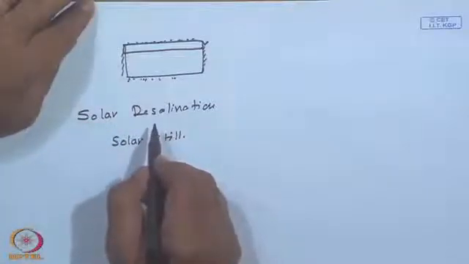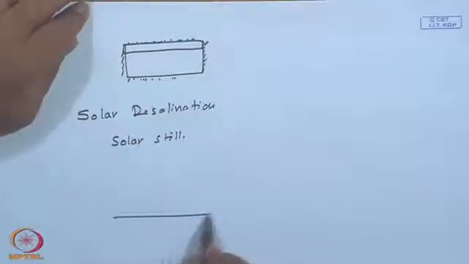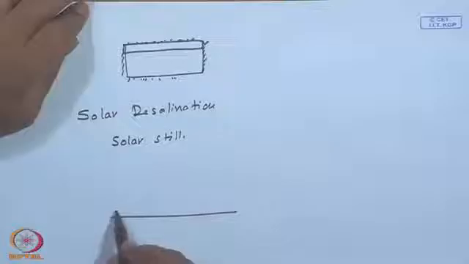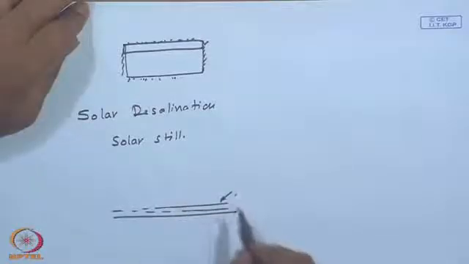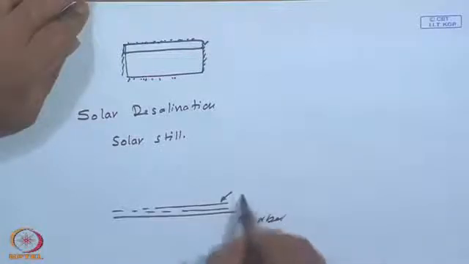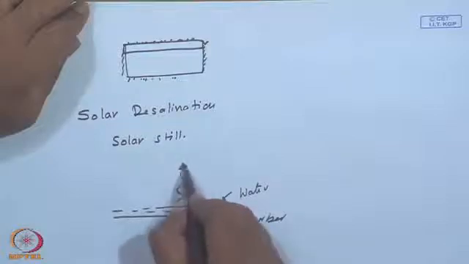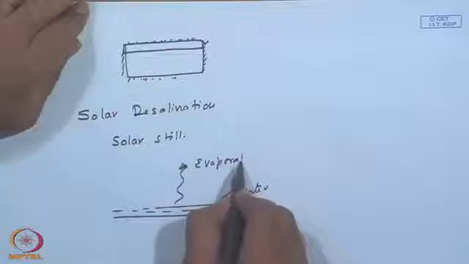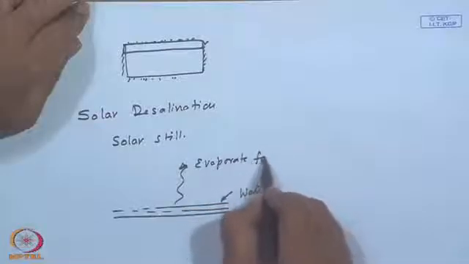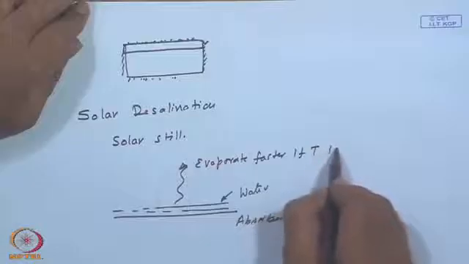So, when a suitable solar radiation absorber, you have got an absorber in contact with water, this will evaporate faster if T is higher.